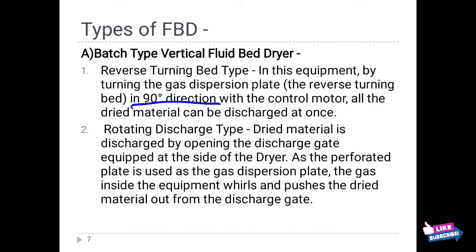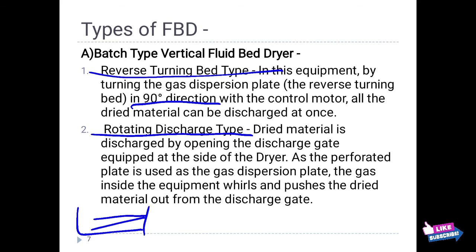This is the reverse turning bed type. The second is the rotating discharge type. In that, dried material is discharged by opening the discharge gate equipped on the side of the dryer. A perforated plate is used as a gas dispersion plate, and the gas inside the equipment walls pushes the dried material out of the discharge gate.